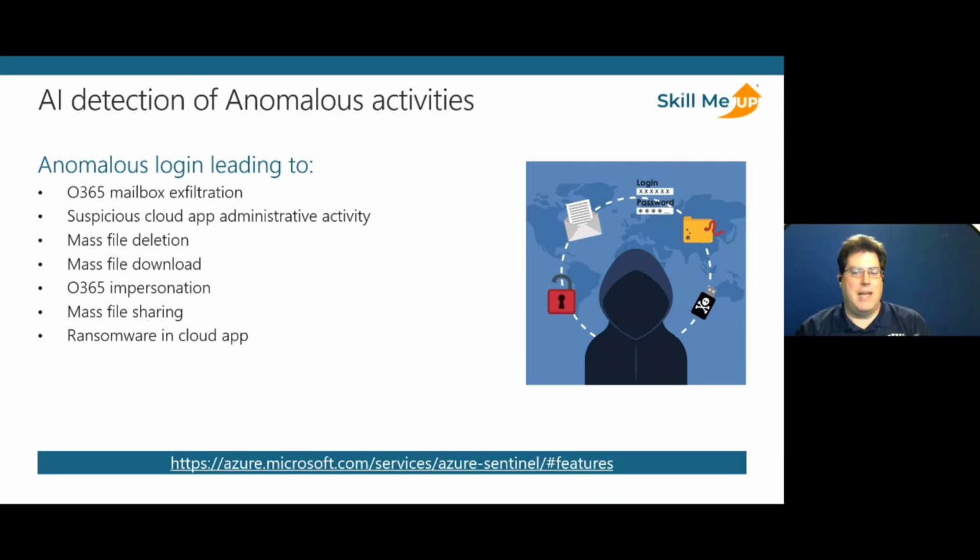Mass file deletion, mass file downloads: is there an external threat or even an internal threat at work? Office 365 impersonation: has somebody's identity been compromised? Mass file sharing: are we sharing to a whole bunch of external resources? And also ransomware in cloud applications, and potential locations of malware and threats that are part of that overall Microsoft threat intelligence ecosystem, and what they find in terms of suspicious activity outside of even just your own internal environment.